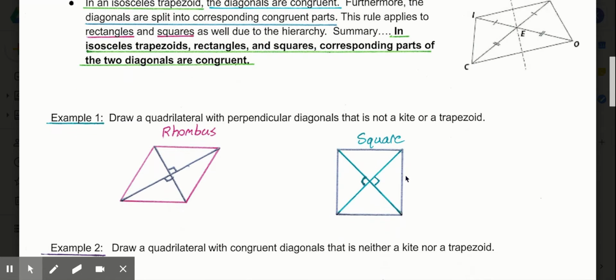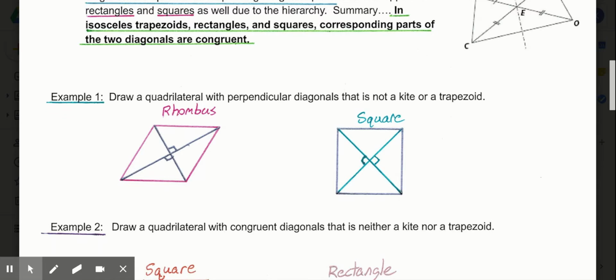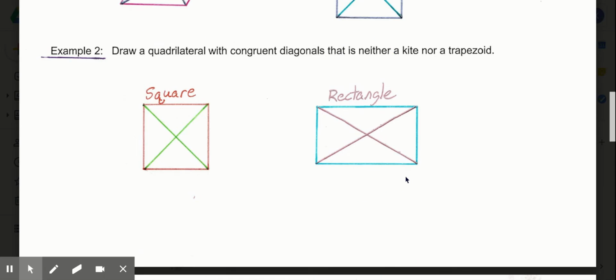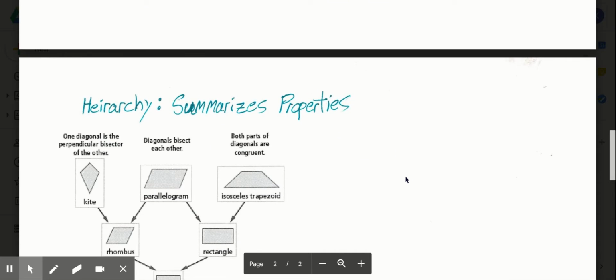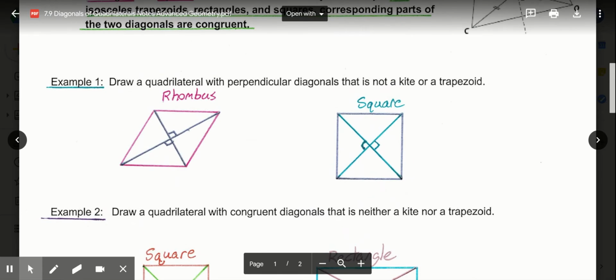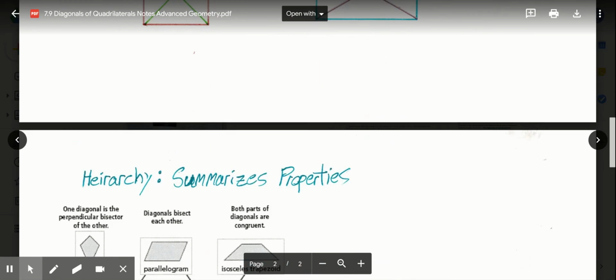So looking at those properties and applying them, example 1 asks us to draw a quadrilateral with perpendicular diagonals that is not a kite or trapezoid. So we could refer to our hierarchy, and we would want something with perpendicular diagonals, but it could not be a kite or trapezoid.